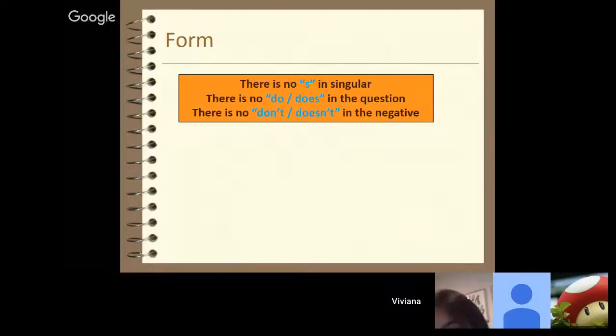And there is no don't or doesn't in the negative form. For those verbs, we have the negatives on the verb. For example, should not, or shouldn't. Could not, or couldn't. Mustn't, or must not. We don't use don't or doesn't.